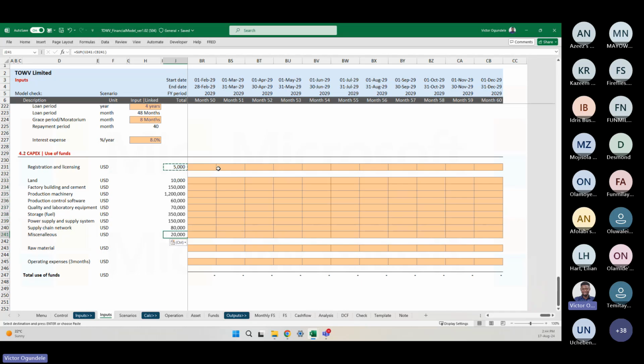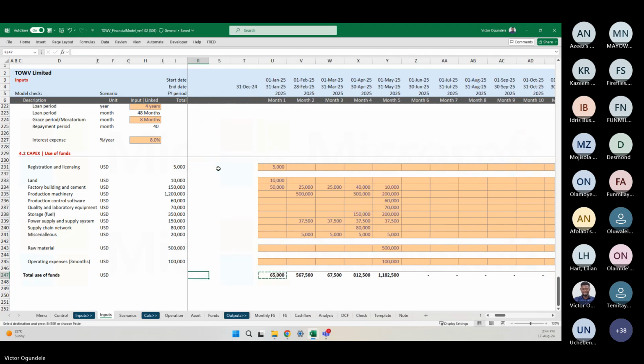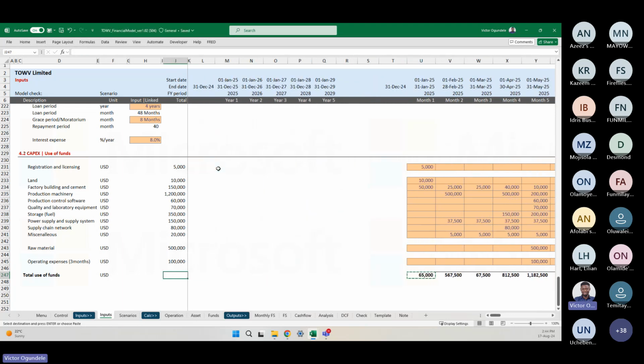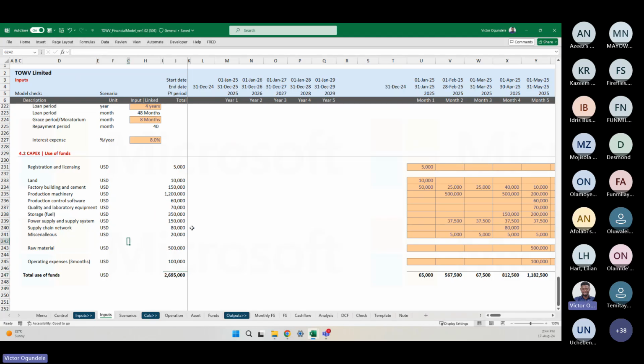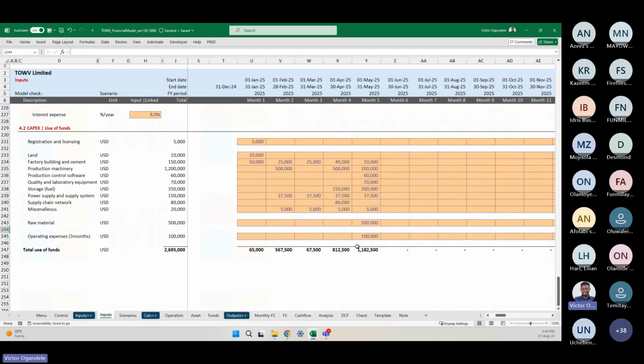It's always good to have this summation here and be sure that it's aligned with what's been provided. 2695. So it's also the same thing. Just do the total by the side in our, I think that's column G. Just do the summation across.